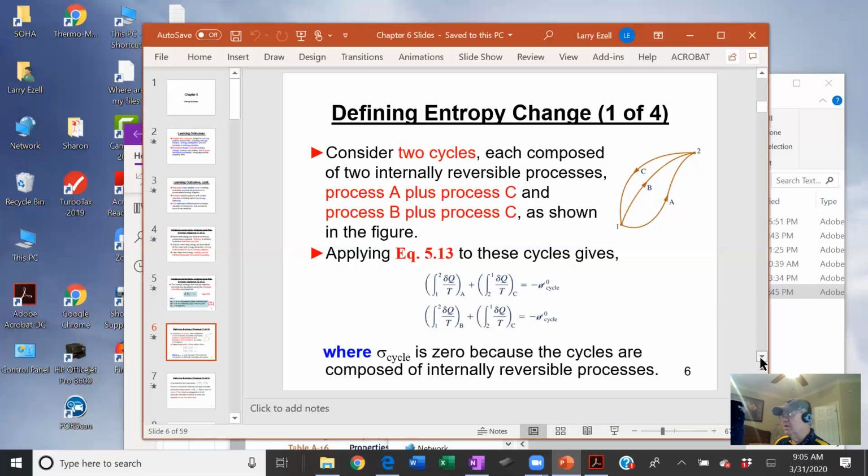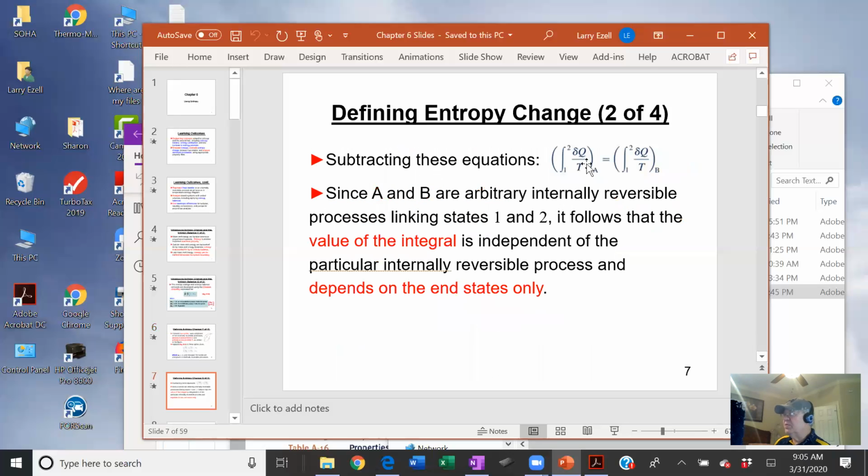If we subtract these two equations, the integral over process A is equal to the integral over process B. What that says is both process A and C and both process B and C are arbitrary internally reversible processes linking states 1 and 2.